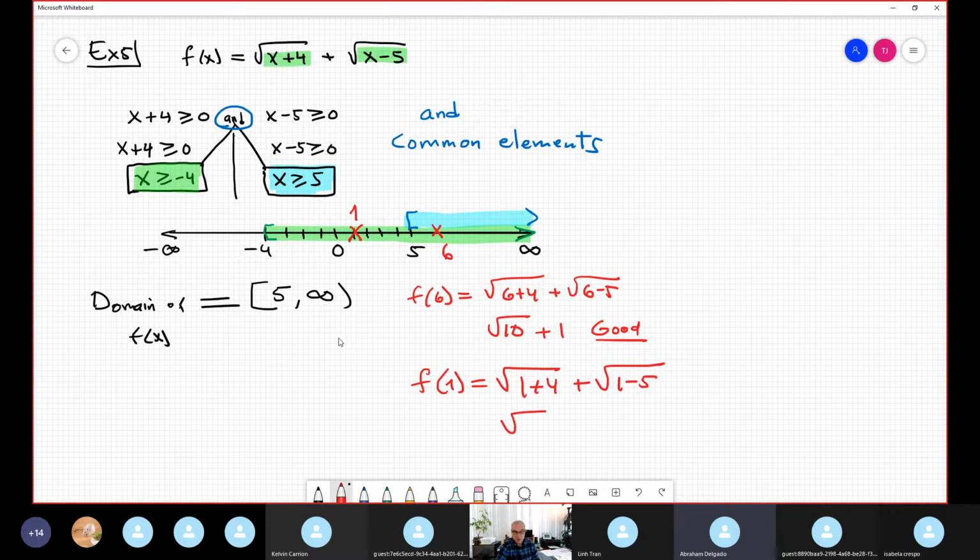Well, this is square root of 5 because 1 plus 4 is 5, but 1 minus 5 is negative 4, and the square root of negative 4 is imaginary. This is radical 5 plus 2i. Completely out of the line, the famous line of all real numbers. This is undefined. It's in another planet. So if you select 1 here, it's obvious that the square root is undefined. Makes sense, guys? Confusing or no?